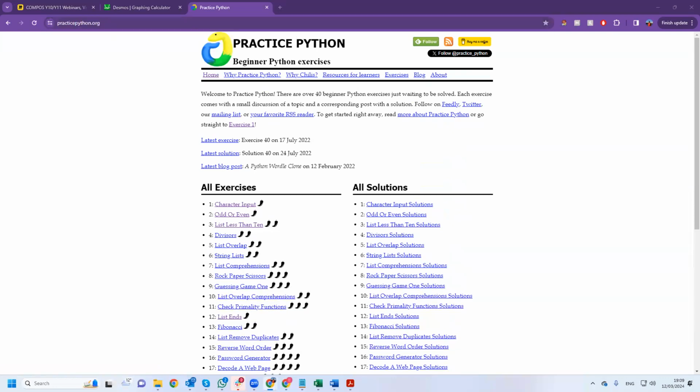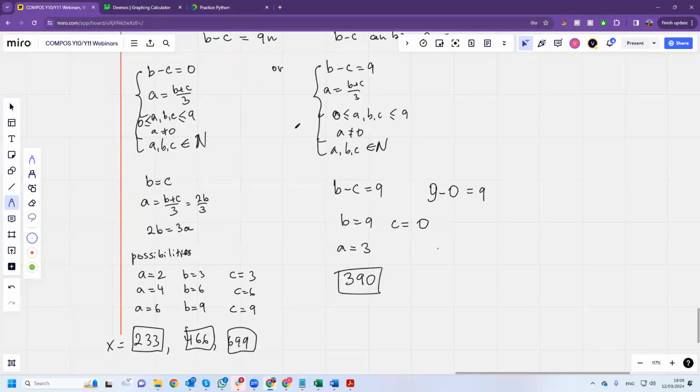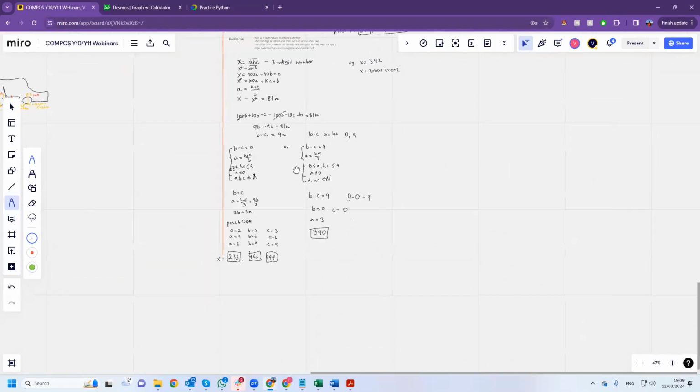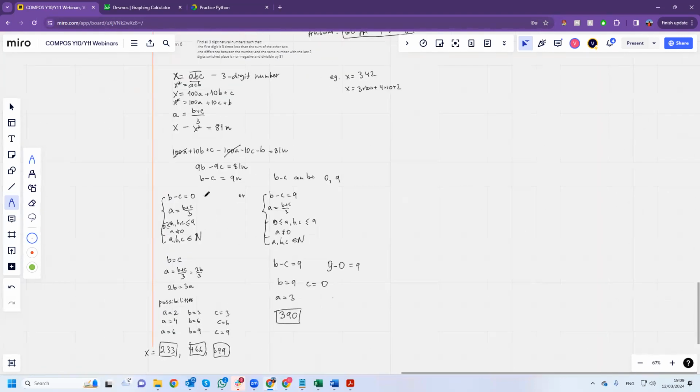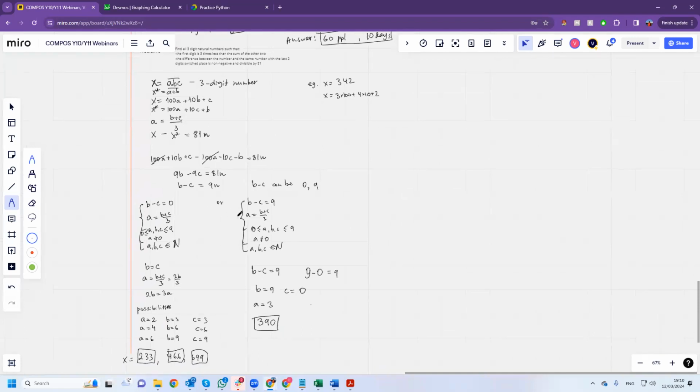Now, what I wanted to do is the same problem, but in Python. So, what would you rather? Would you like to see this problem done in Python? Or would you rather me spend more time going through tricky problems?